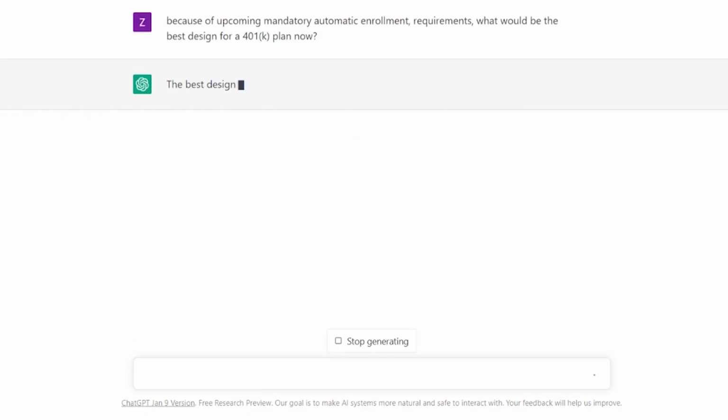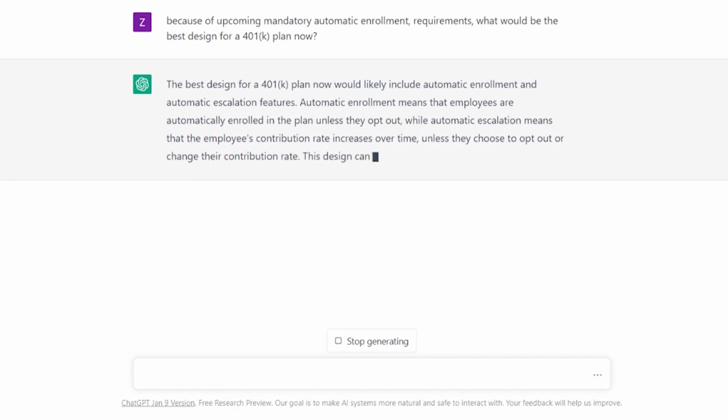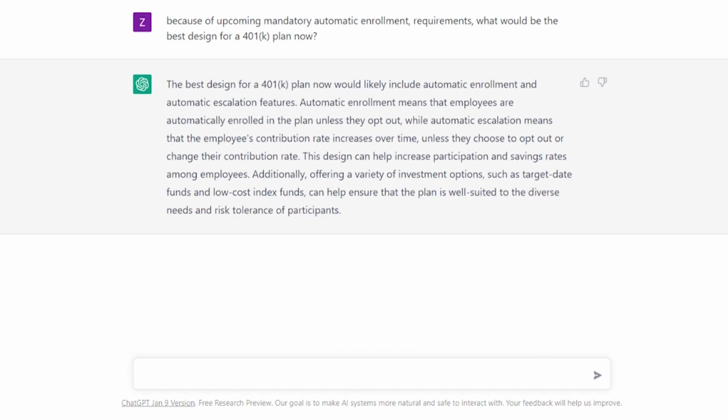So here we go. The best design for a 401k plan now would likely include automatic enrollment and automatic escalation features. Automatic enrollment means that employees are automatically enrolled in the plan unless they opt out, while automatic escalation means that the employee's contribution rate increases over time. That just sounds like employees who get madder at you all the time.